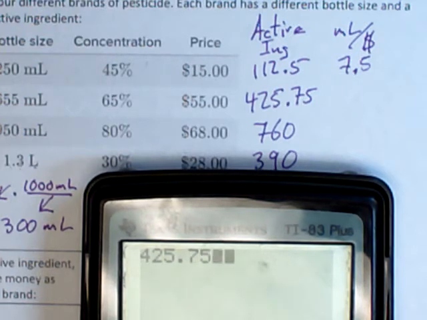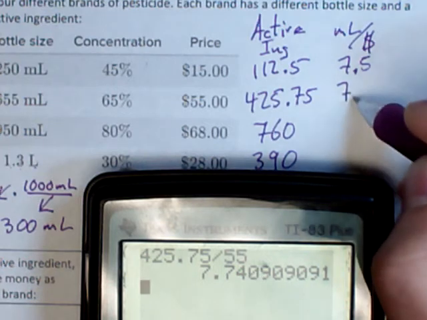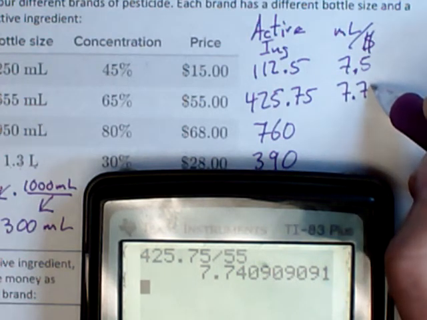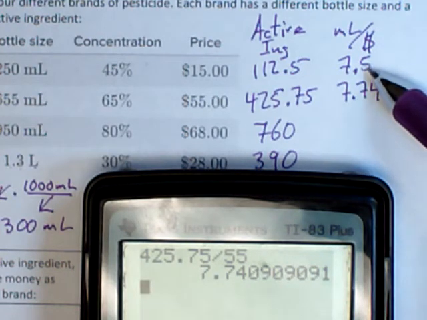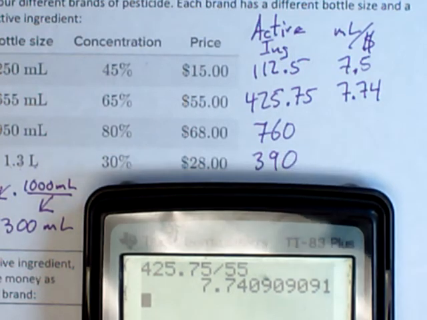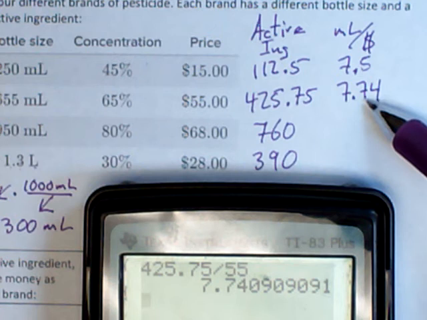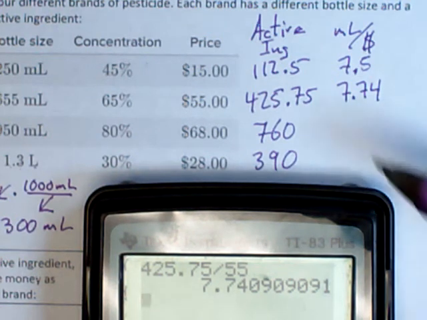425.75 divided by $55 gives me 7.74 milliliters per dollar. So as of right now, brand B is the best deal, because you'd want to get more milliliters for your money.